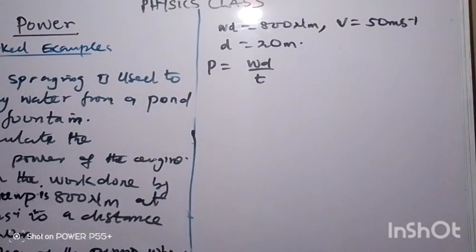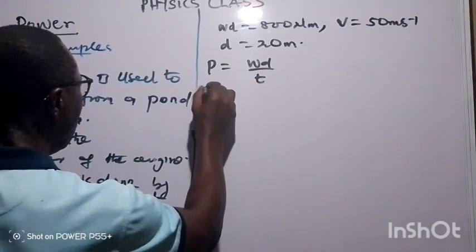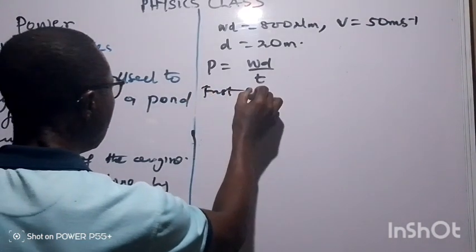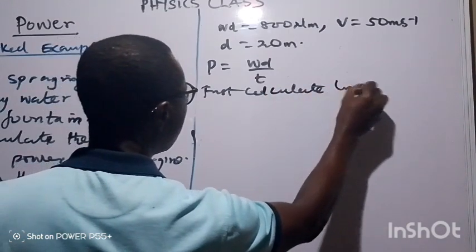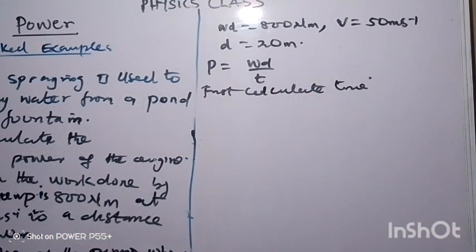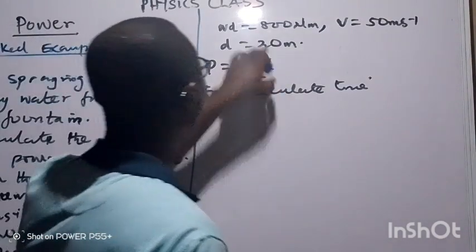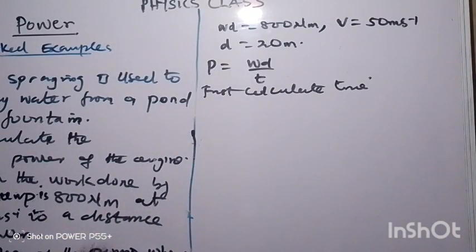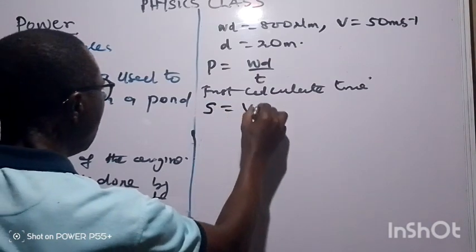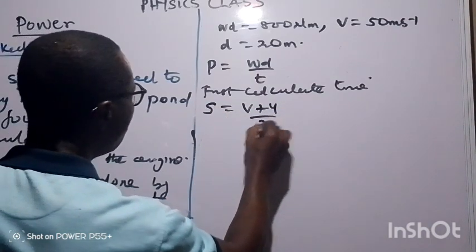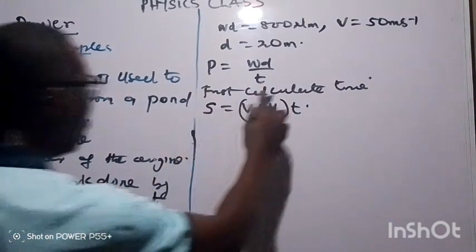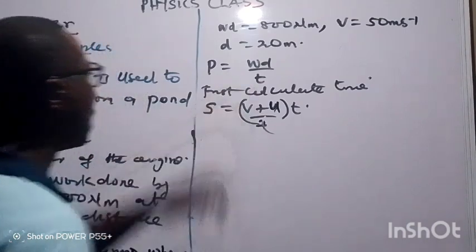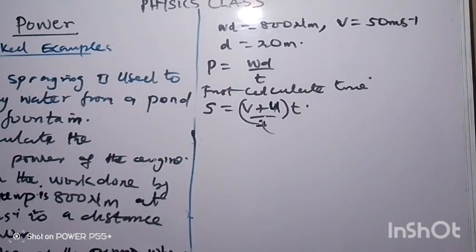So first, calculate time. Since distance is given as s, from linear motion you know that s is equal to (v plus u) over 2, into bracket t. That's the distance covered. Now, a spray is used to spray water.